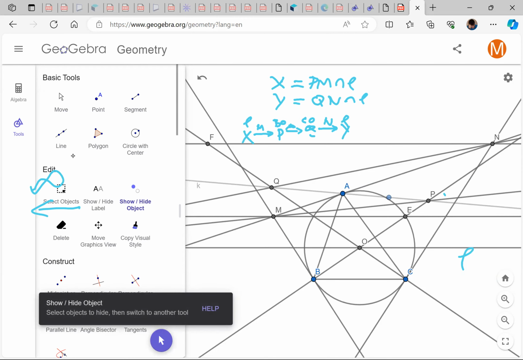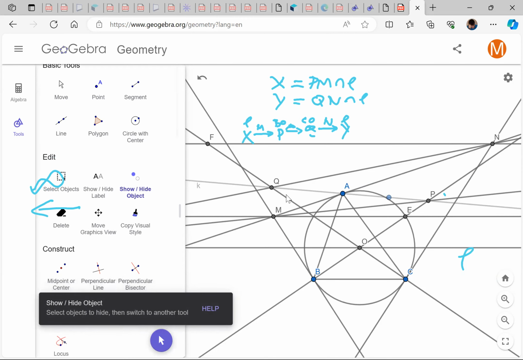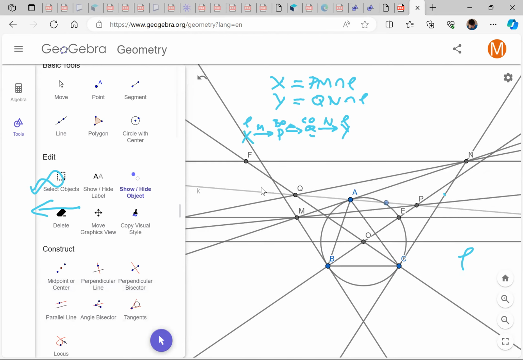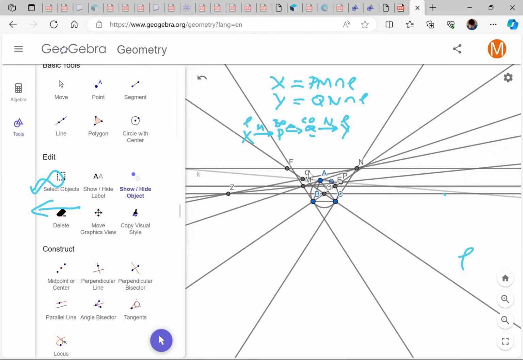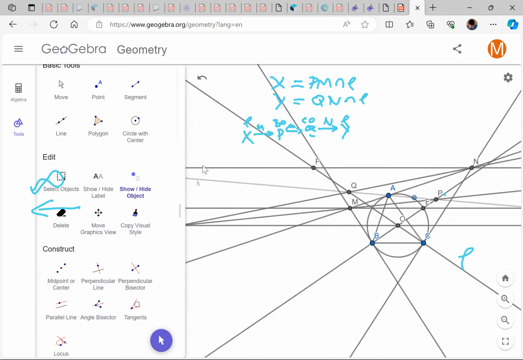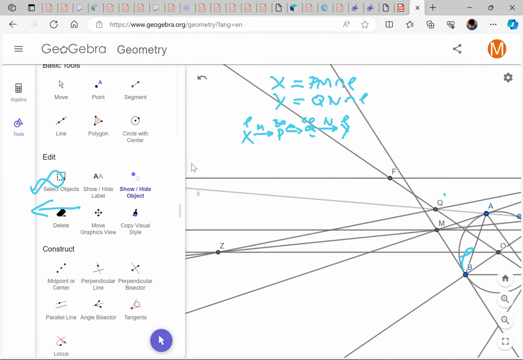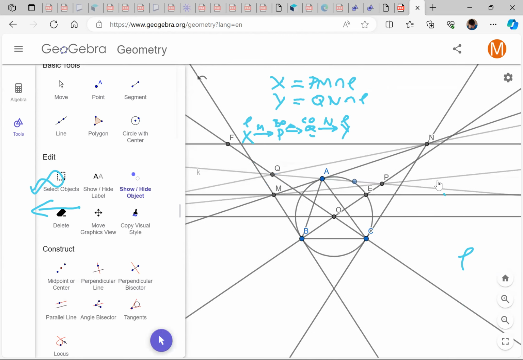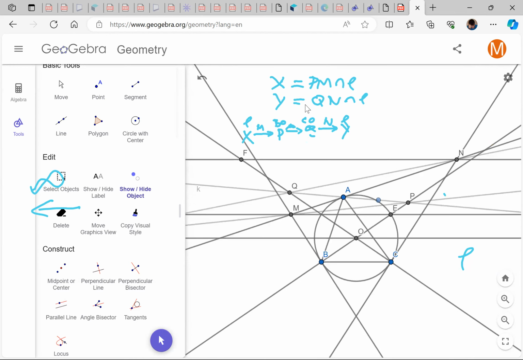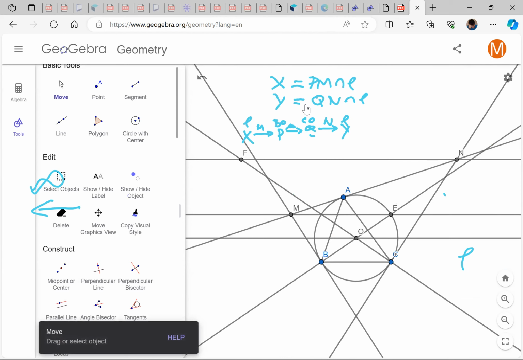I'm gonna hide a bunch of stuff, basically the stuff that relates to the actual Z itself, because we don't care about it. We don't care about these guys. What else don't we care about? We don't care about P and Q because they're specific to Z. I think that's it, right? Now it looks a lot cleaner.